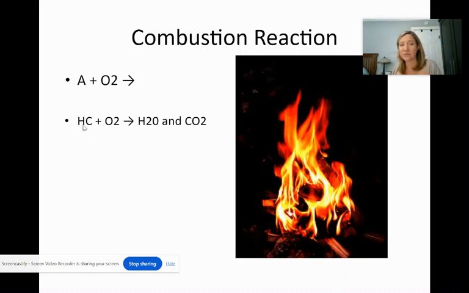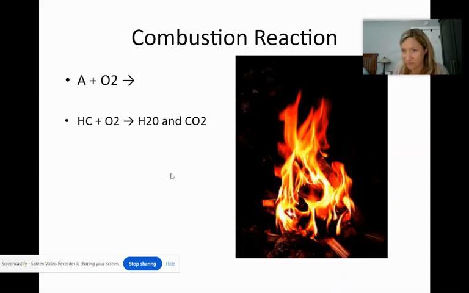Sometimes you'll see HxCx, which is telling you it could be any combination. This could be petroleum, propane, octane, all different types of hydrocarbons. In the presence of oxygen, that's what causes a fire. That's a combustion reaction. And the byproducts of that will always be water and CO2. So H2O and CO2, carbon dioxide. So the key here is O2 by itself on the left side.